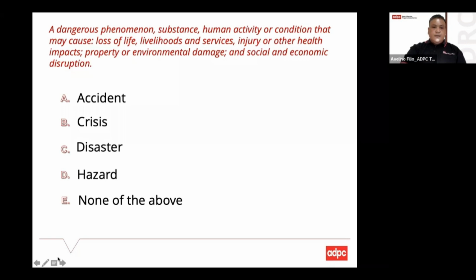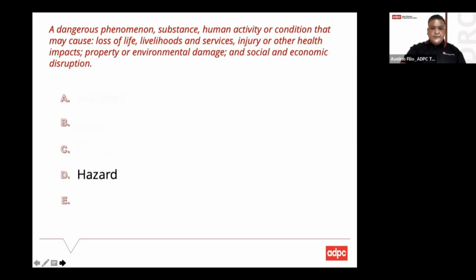I'm sure you'll get this correctly because it's relatively easy. It's hazard because it is an event that may or may not happen, and if it does happen, it may cause damage and losses. So 2 questions down.